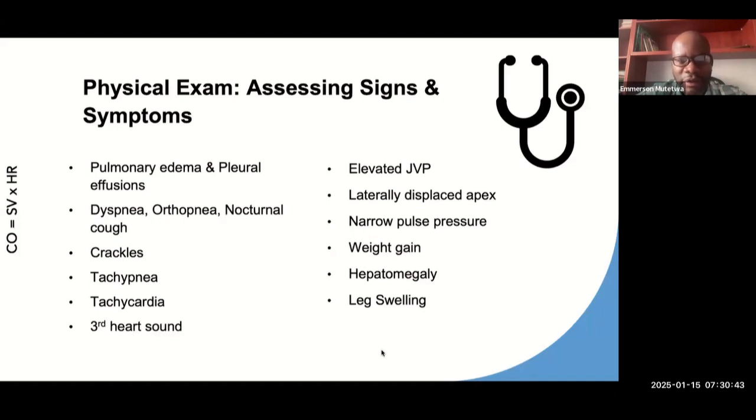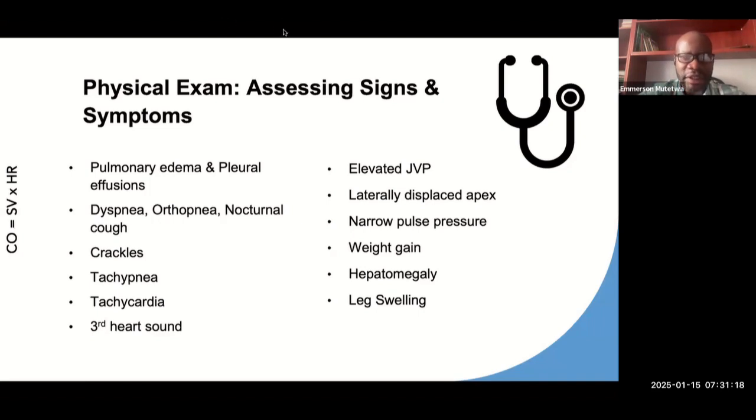Then in terms of the cardiovascular examination, tachycardia with a third heart sound, commonly referred to as gallop rhythm. And then you can have an elevated jugular venous pulse and a laterally displaced apex, which shows cardiomegaly, and narrow pulse pressures. Abdominal examination, remember, you can have ascites, which is a sign of cardiac failure, and hepatomegaly, also a sign of right-sided congestion.